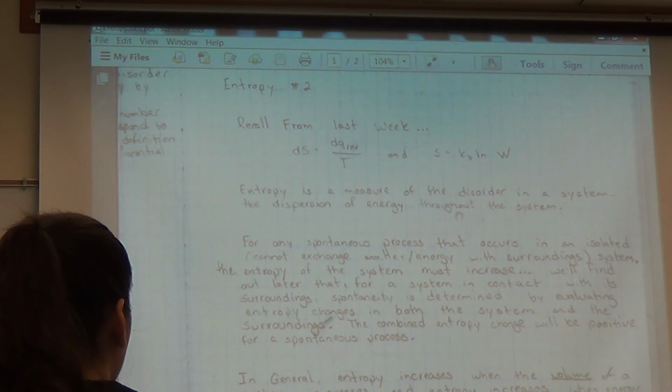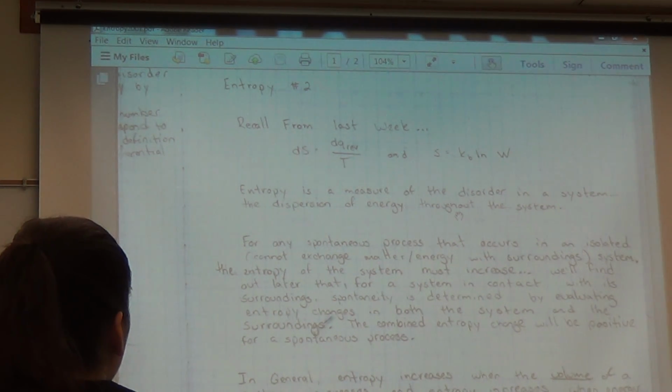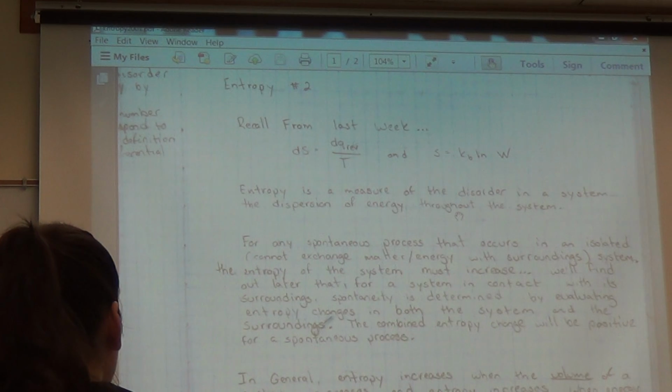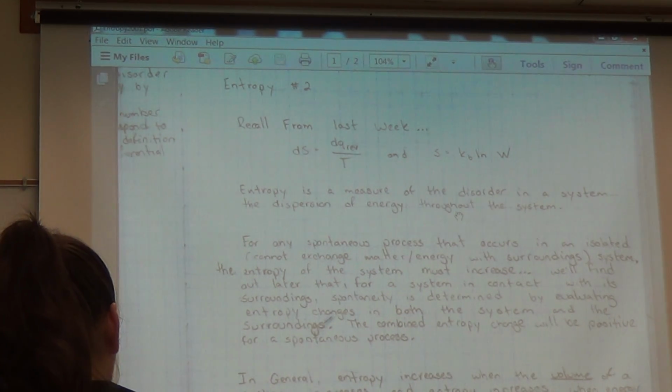So our definition of entropy includes that dq reversible over T, and then we've got the statistical definition of entropy, which is that S is equal to k_B, the Boltzmann constant, times the natural log of W, where W can be called the weight or the ways, but what it refers to is the number of different arrangements of equivalent energy that are available to a system.